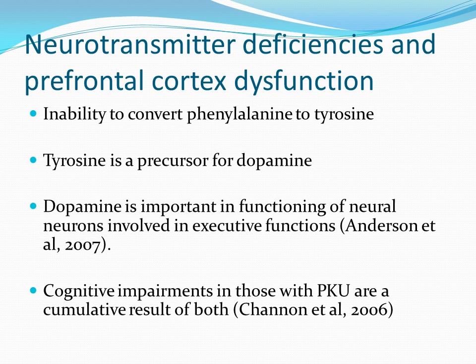Dopamine is important in the functioning of neurons involved in executive functions, and with a lower level of this, these functions are going to suffer. So the cognitive impairments experienced by those with PKU are a cumulative result of both the inability to convert phenylalanine to tyrosine, as well as the competition between phenylalanine and other LNAAs.